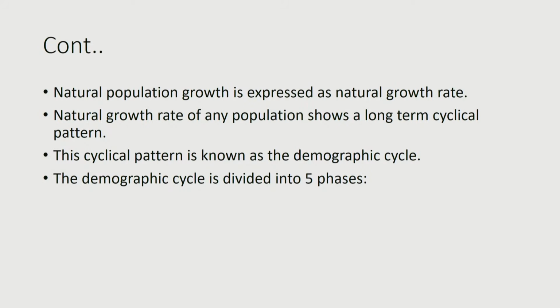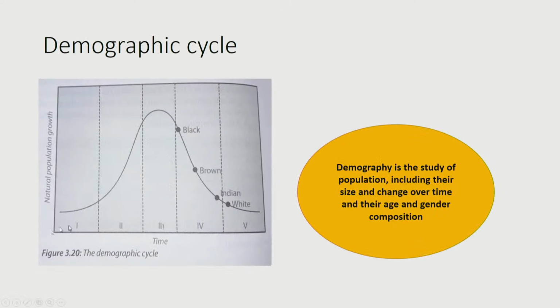Now, remember earlier we said that the natural population growth is expressed as a natural growth rate. And the natural growth rate of any population shows a long-term cyclical pattern. When we say it shows a long-term cyclical pattern, go back to this graph: it is a long-term cycle that starts from the low and goes up until it reaches the peak, and then from the peak the cycle starts to decline until it moderates again.